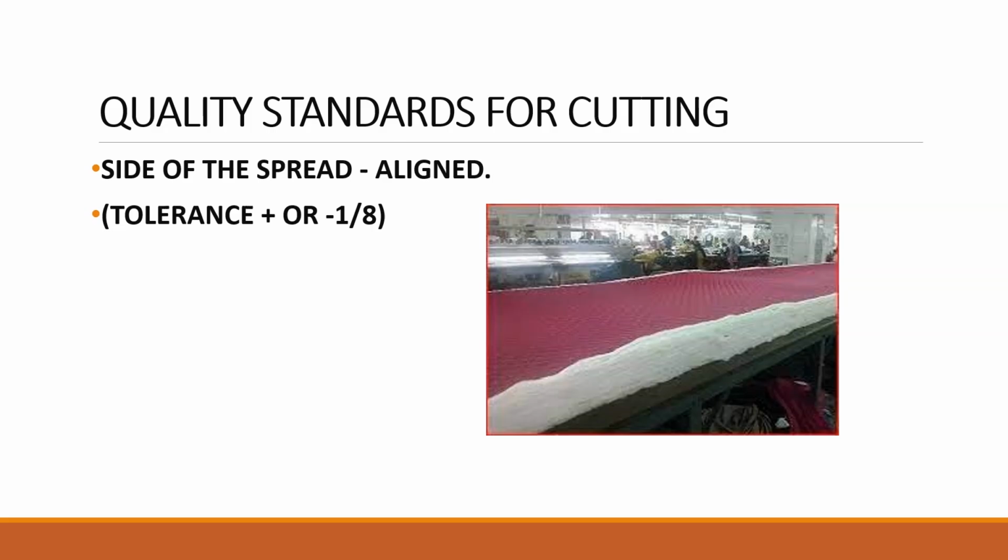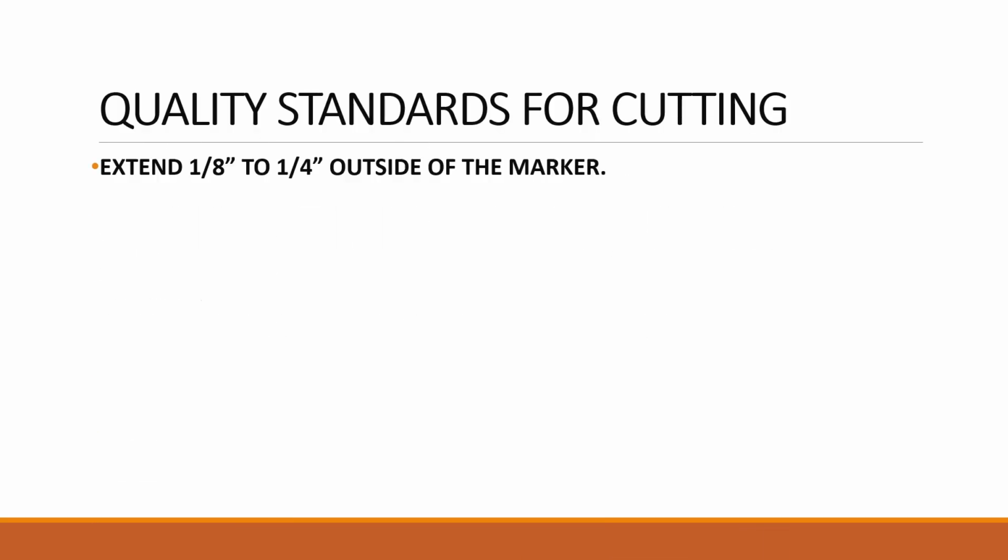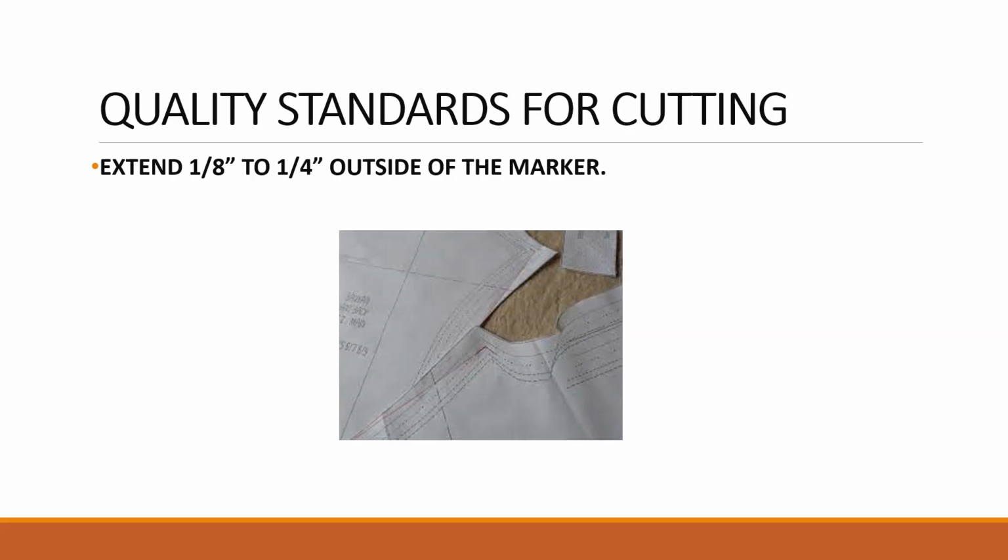So, their tolerance is around plus or minus 1/8 inch. Now, coming to the case of cutting also, 1/8 inch to 1/4 inch outside of the marker is the tolerance if it goes outside. Then this type of quality standard is maintained.